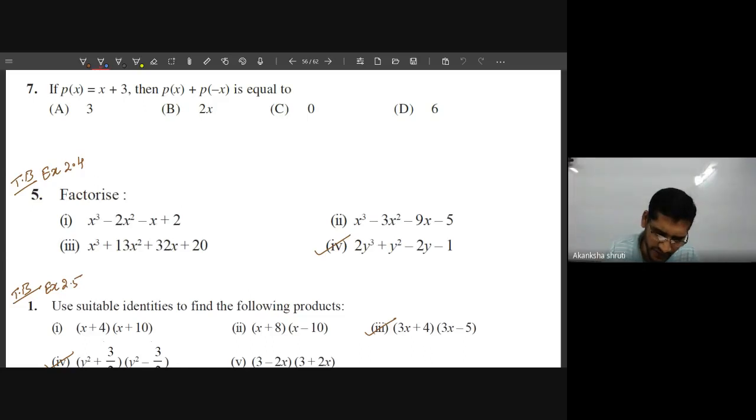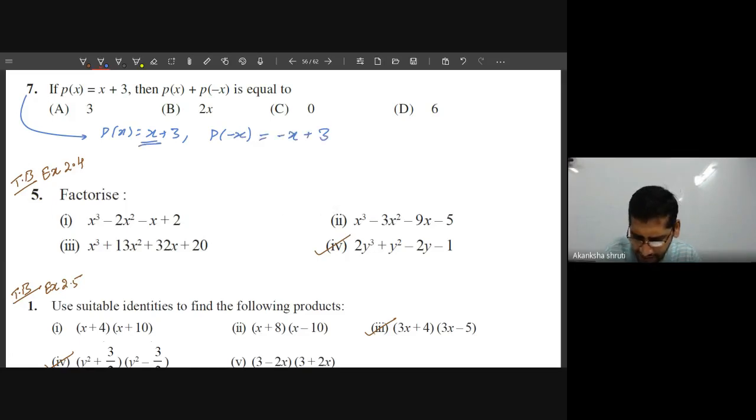Even question number 7 is very simple. P of x is x plus 3. So what will be P of minus x? You have to replace x by minus x: minus x plus 3.